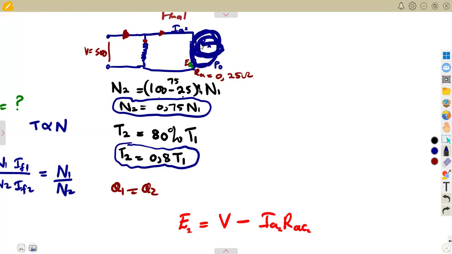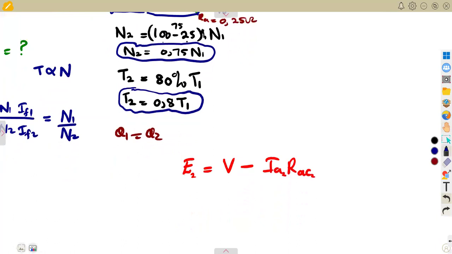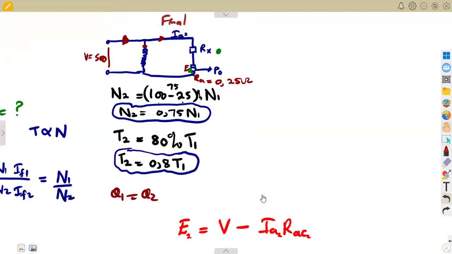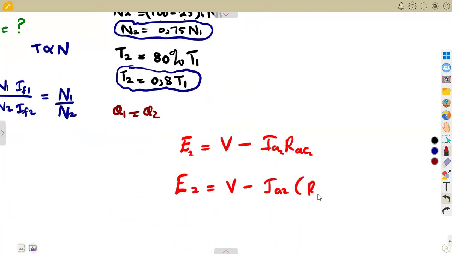The resistance that you want to calculate, Rx, and the armature resistance originally that we are given. These are in series, so you're going to add. So at the end, E2 is equal to V minus armature current 2 into the sum of the two resistors in series, the unknown resistor that we need to calculate and the armature resistance that you're given.